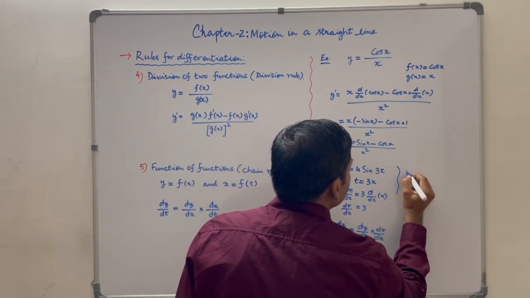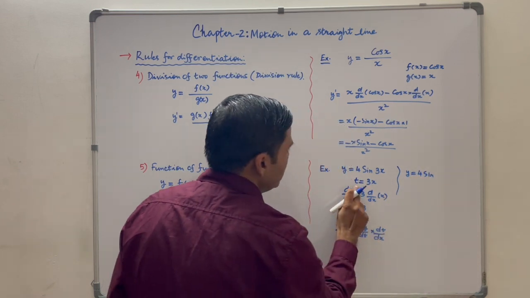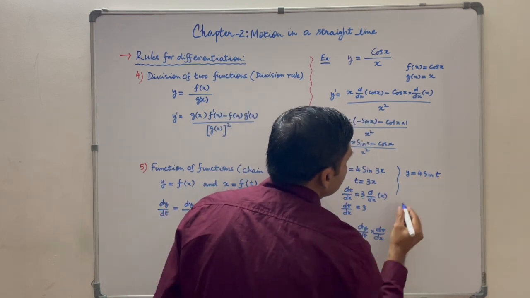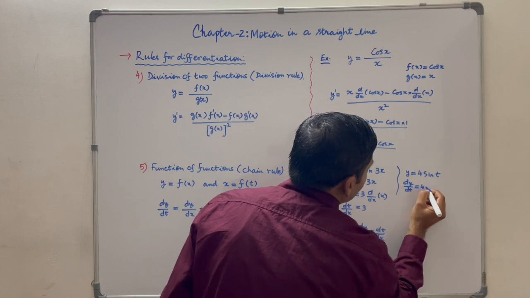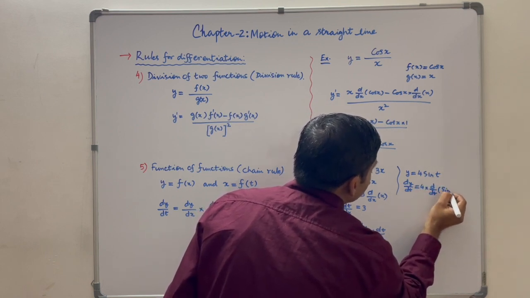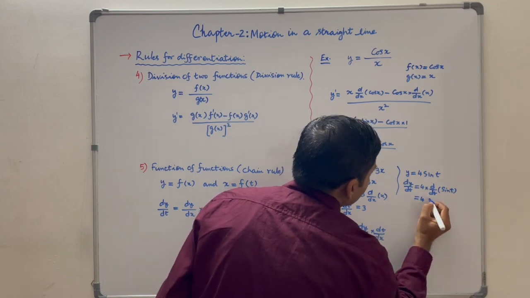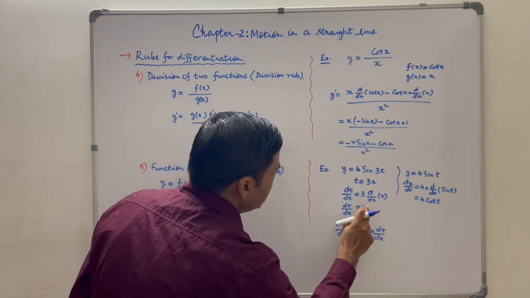So it can be written as y is equal to 4 sine, and we have assumed t is equal to 3x, so 4 sine t. So dy by dt is equal to 4 into d by dt of sine t, and d by dt of sine t is cos t. So we will substitute these two values.